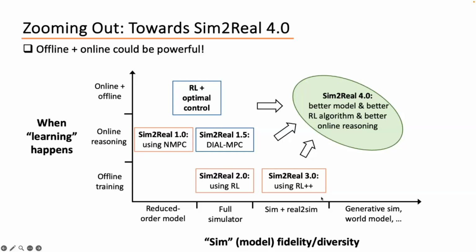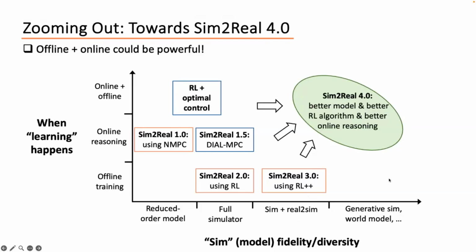And in Sim2Real 3.0, we do real to sim. We learn something from the real world, and we do RL++, with structures and better algorithms. So what I propose is we should go to Sim2Real 4.0. I think we need better models, maybe world models, maybe better simulators. We need better reinforcement learning algorithms, especially for learning in the real world. Definitely beyond PPO.